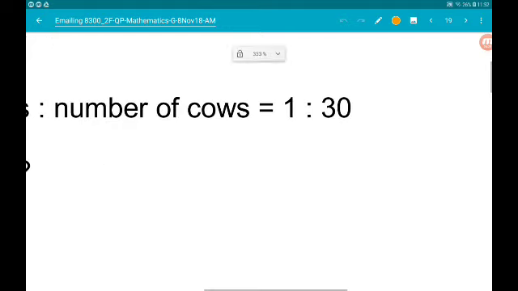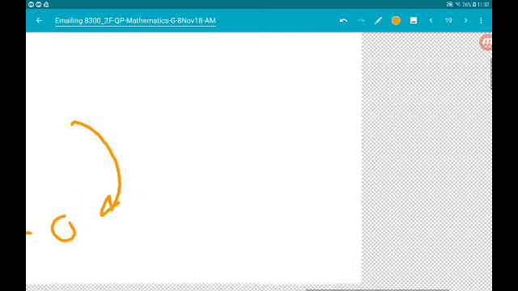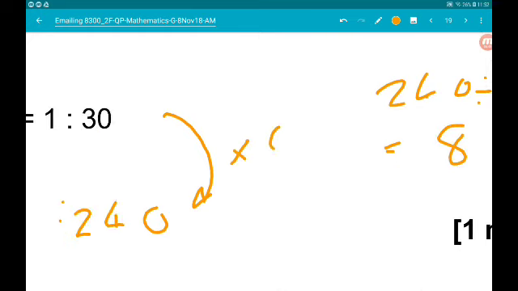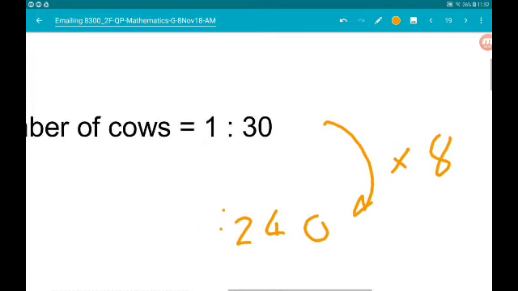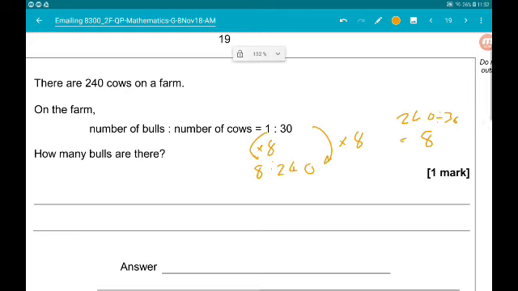So there are 240 cows. What we need to know is, how do we get from 30 to 240? So 240 divided by 30 is 8. So that means there are 8 bulls on the farm.